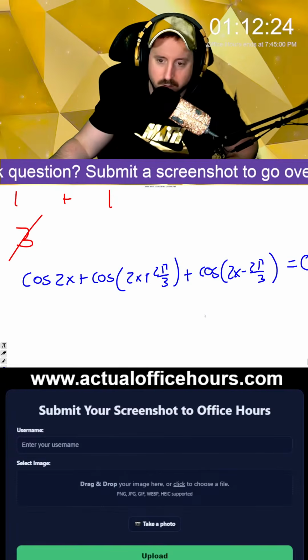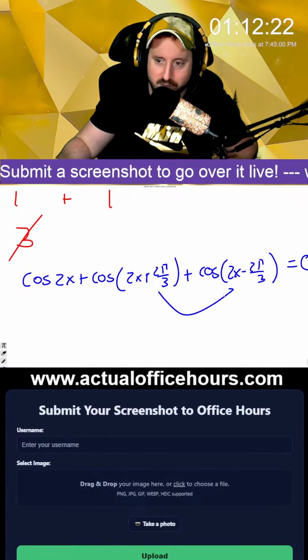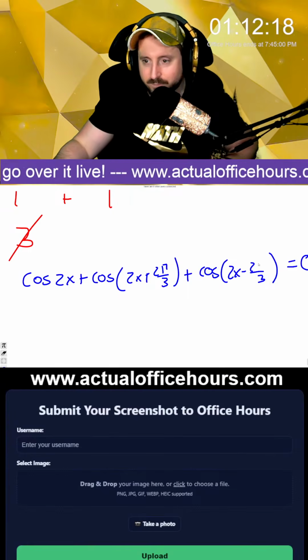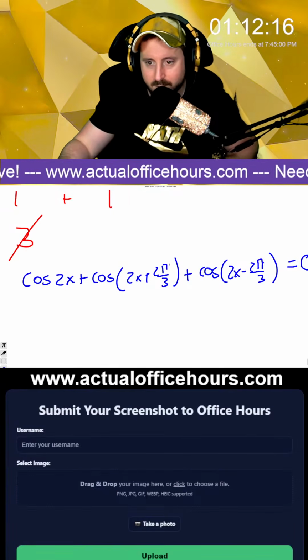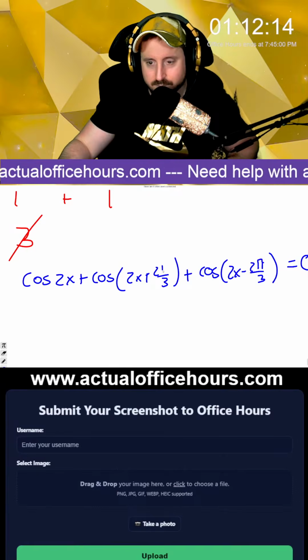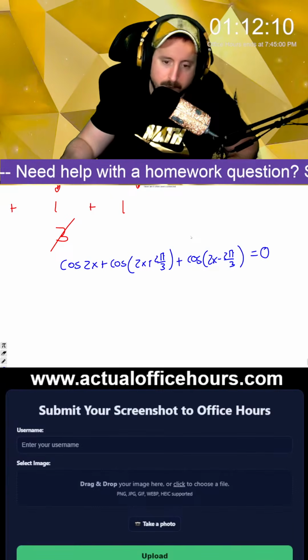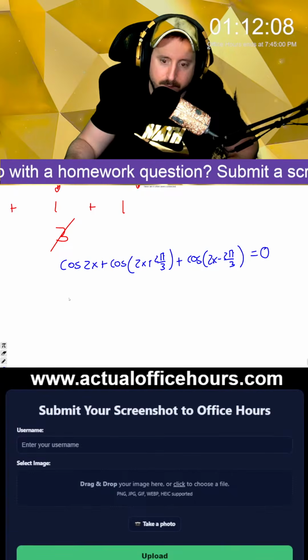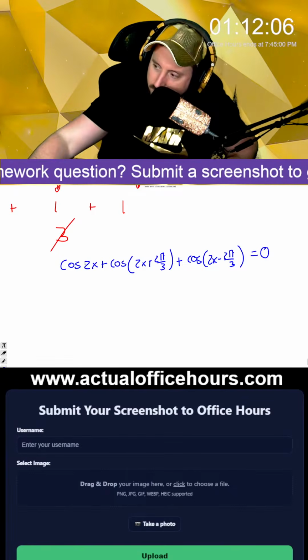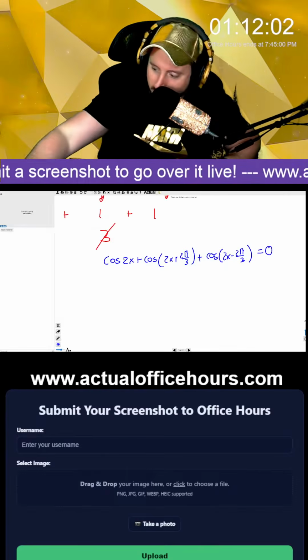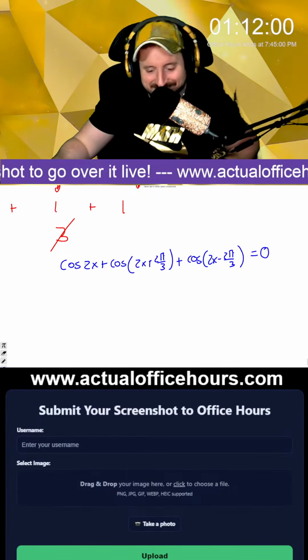Ooh. I guess I want to show that this is somehow this. Yeah, and it is, because it's going to be negative that. And for good reason, because what is the formula for cosine of a plus b plus cosine of a minus b? I don't know. Do I need to look that up? No, you don't. You definitely know it.